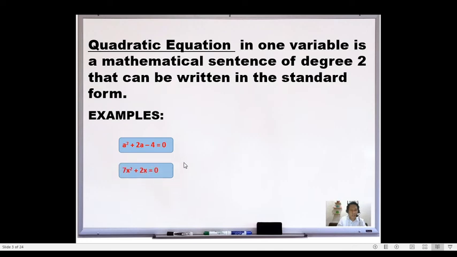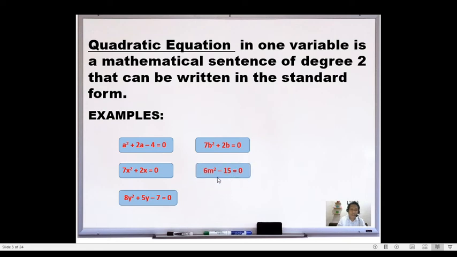Next, 7x squared plus 2x is equal to 0. Next one, 8y squared plus 5y minus 7 is equal to 0. 7b squared plus 2b is equal to 0. And we have the last, 6m squared minus 15 is equal to 0. So these are examples of a quadratic equation.